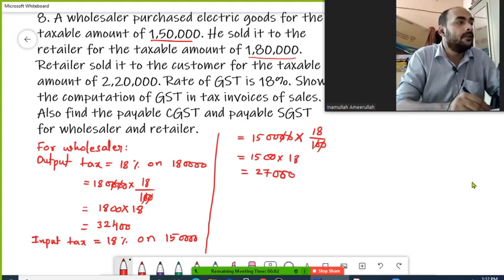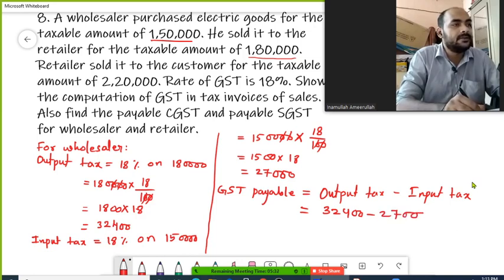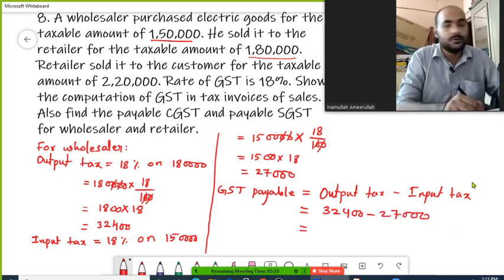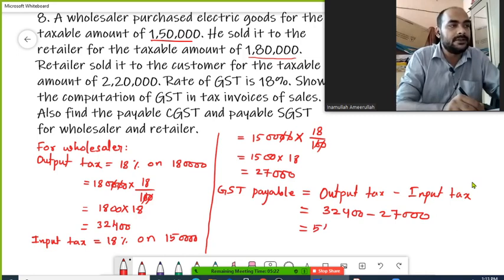Now GST payable by the wholesaler is output tax minus input tax. So here output tax is 32,400 minus 27,000 as input tax. So we will have 5,400 as GST payable.